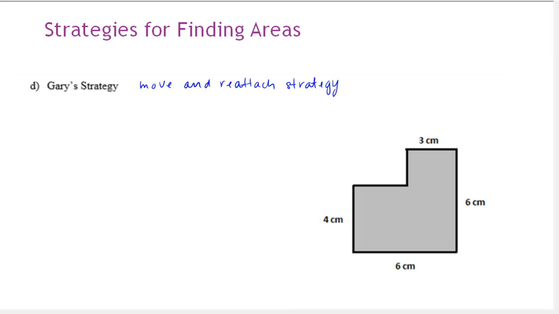Okay. So he notices this is 3 centimeters and this is 3 centimeters. So just like Carrie, he decides to cut it. Okay. But instead of finding these two areas, he says, well, I'm going to line up these pieces. Since these widths are the same, he's going to put 1 here and stack 2 on top of it.